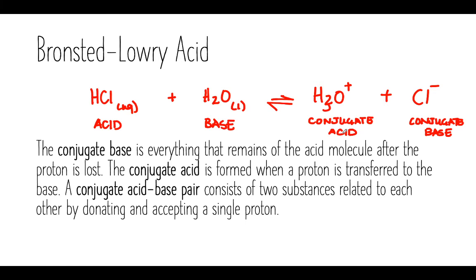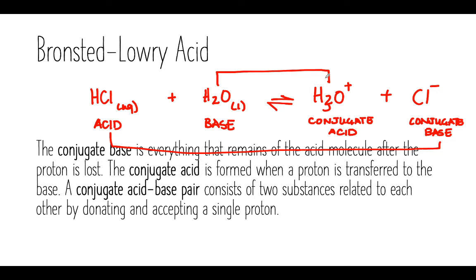Okay, and together, the acid and the conjugate base produce what we call a conjugate acid-base pair, right? And there's another conjugate acid-base pair here with the base and the conjugate acid. So what you'll be asked to do in an assessment is you'll be given a reaction, you have to identify which is the conjugate acid, which is the conjugate base, which is the acid, which is the base, right?